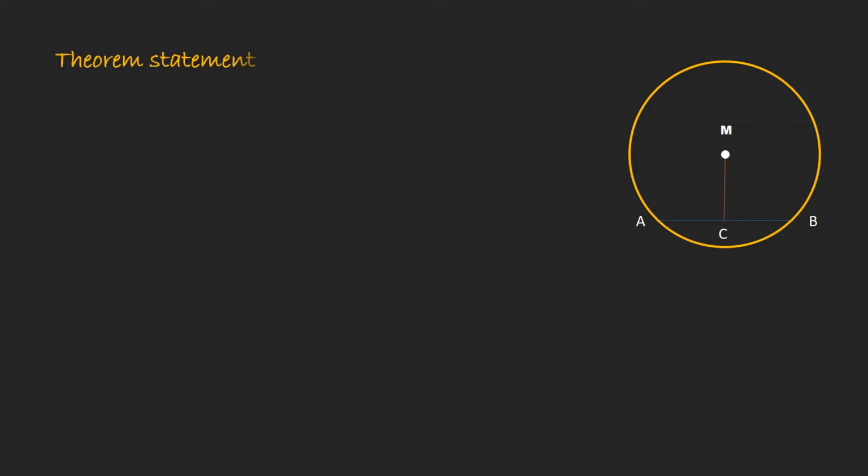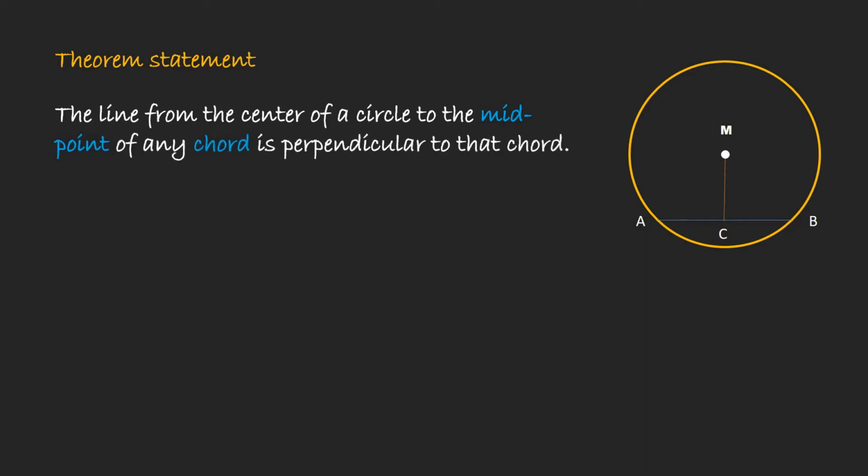The theorem statement says the line from the center of a circle to the midpoint of any chord is perpendicular to that chord. What does that mean? It means that the line that goes from the center directly, this red line, if you can see it, that goes from the center of the circle to the midpoint of any chord drawn in this circle, for example this chord AB.